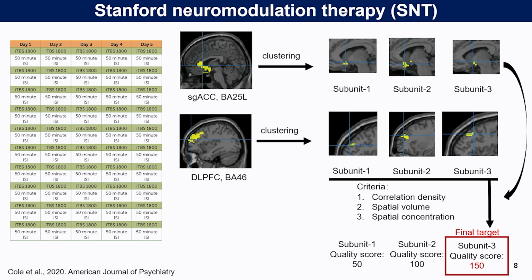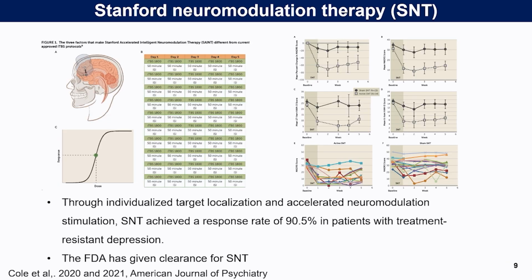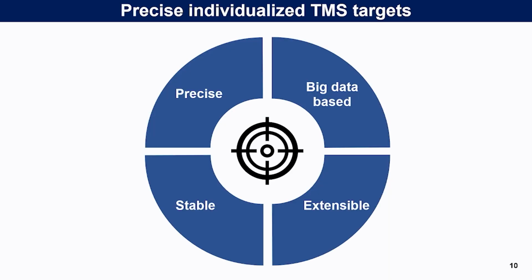It's pretty intensive. And it's reported that about 90% of patients with treatment-resistant depression have a pretty good response to this kind of SNT protocol. The FDA already has given clearance to SNT, so this gives us very good hope that in the future we can find a better way to treat treatment-resistant depressed patients.